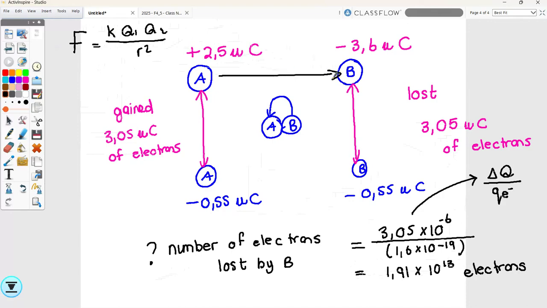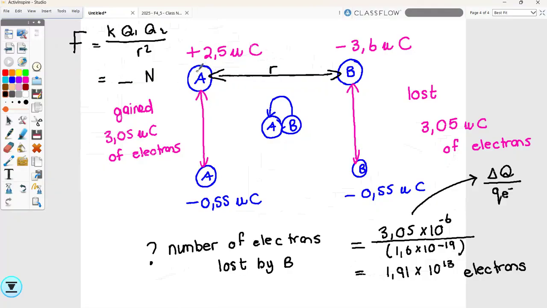Obviously I have to give you the distance, and you also need to convert that distance. Remember, if it's centimeters or millimeters, you need to put it into meters. So this would be our R, the distance between the two objects. F is always in newtons, so your answer will be in newtons.